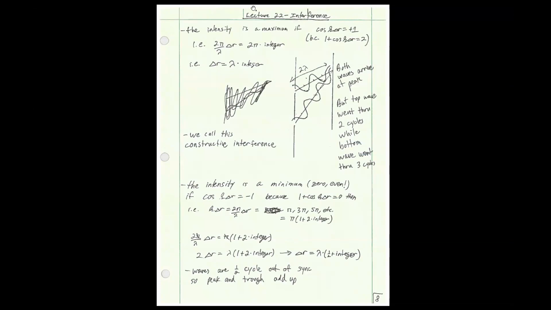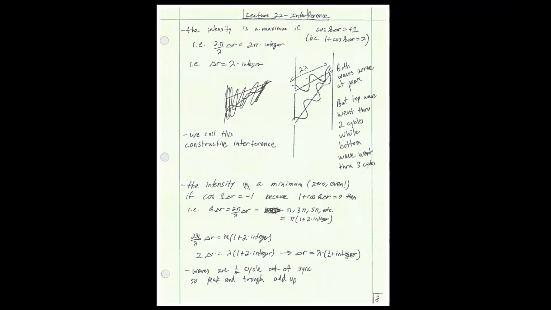And that just means that the two paths are in sync with each other, even though they differ by a full wavelength. Let's say that I've set this up so that they both start at their peak and end at their peak, but one of them goes through 2 cycles getting there, and one of them goes through 1, 2, 3 cycles getting there. Well, they both arrive at their peak, they interfere constructively.